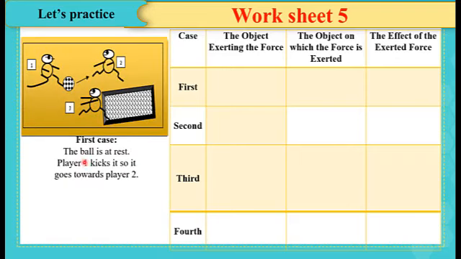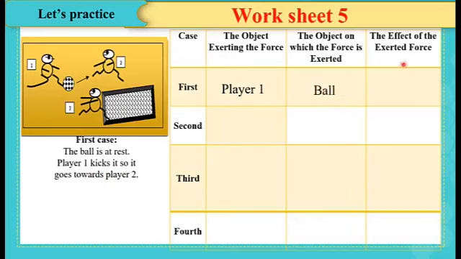The first case, the ball is at rest. Player 1 kicks it so it goes towards player 2. Indicate the object exerting the force. Who is doing the action? Player 1. Very good. The action is done on whom? On the ball.